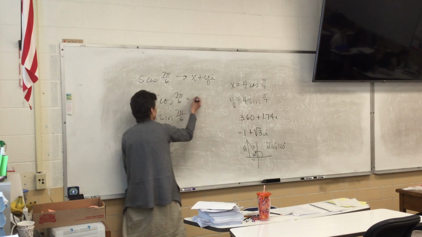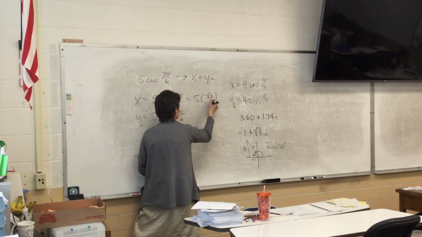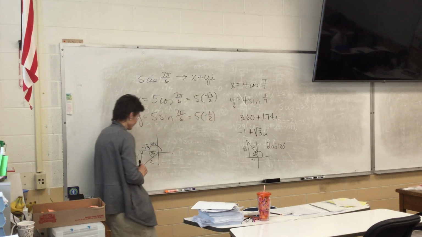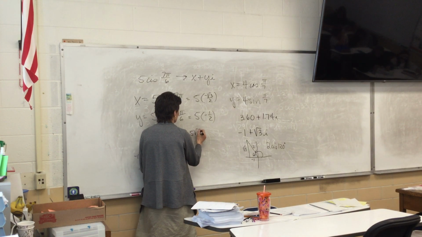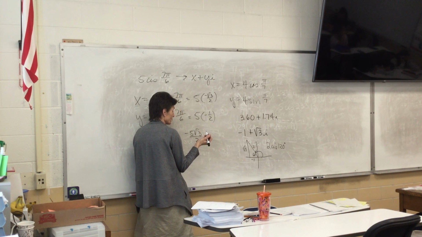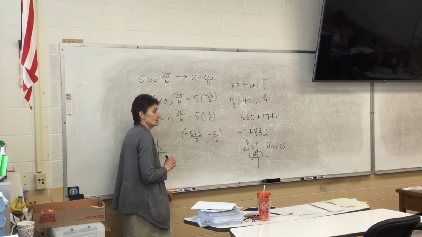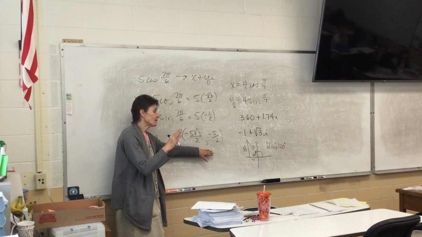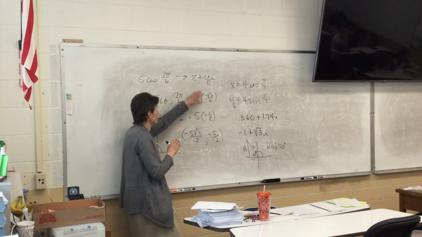Okay, so 5 times the cosine, negative root 3 over 2. And 5 times the sine, negative 1/2. Now be careful. Last time we had class, we wrote our answer like this. These are called the rectangular coordinates. This is an ordered pair. We're doing rectangular form.